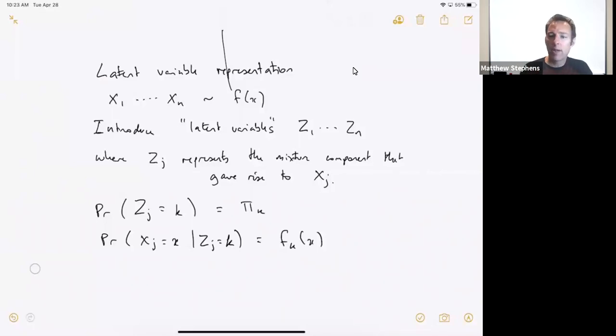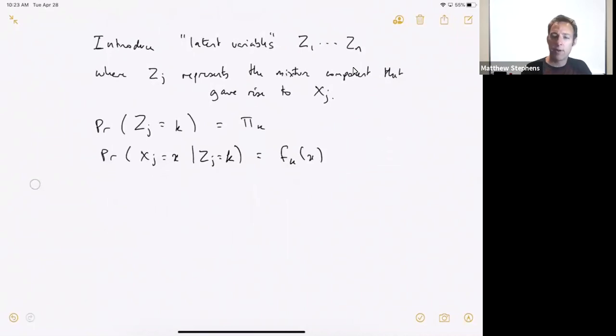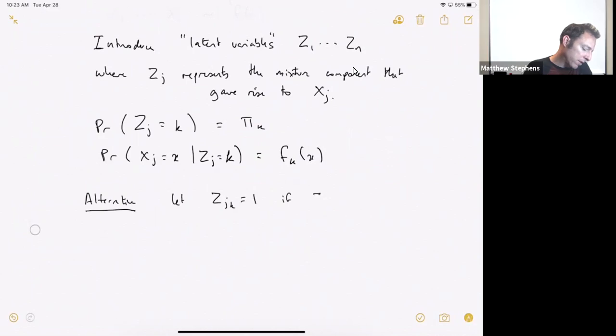Let me just note finally that there's also an alternative but equivalent representation, which is to let Zjk equal 1 if observation j came from component k, and 0 otherwise.